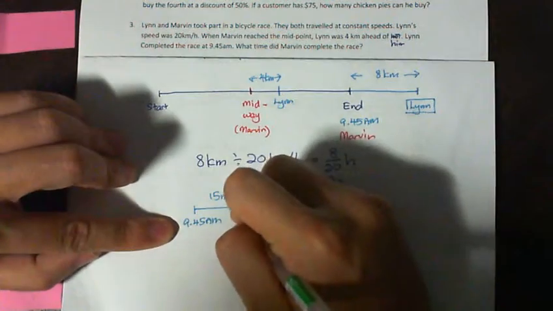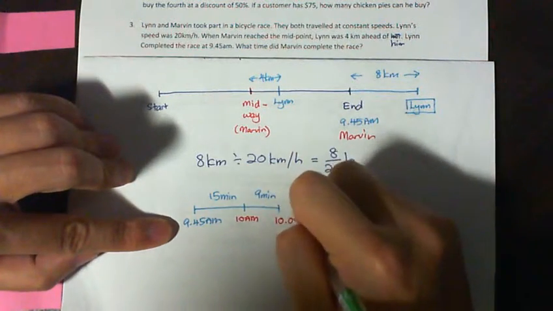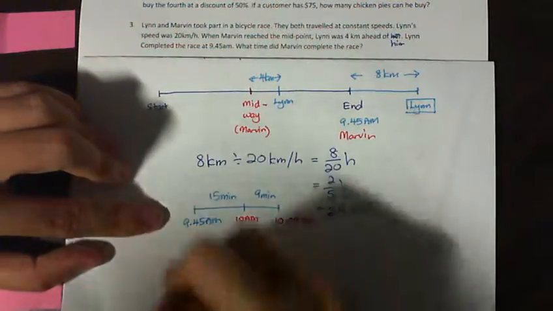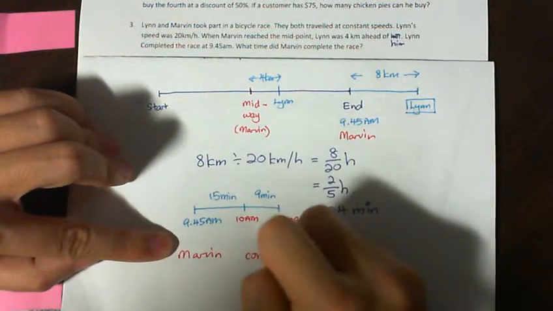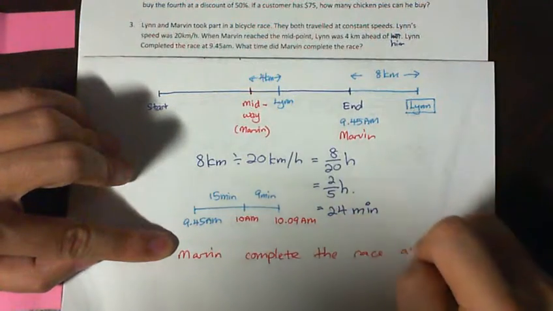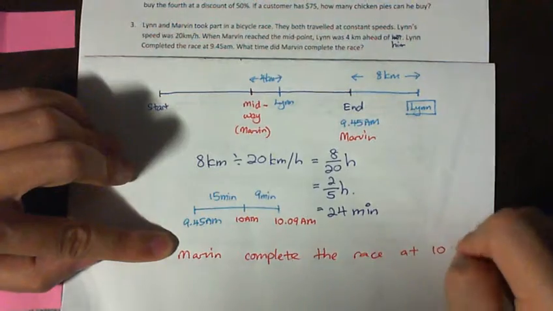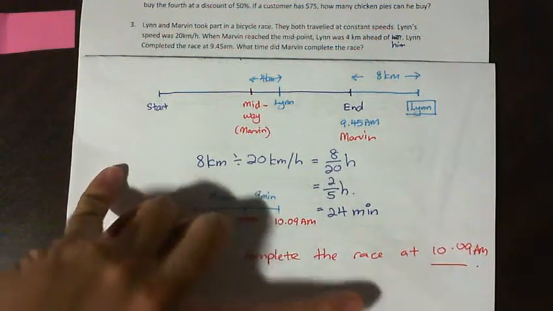In this case, this will be 10 a.m. and this will be 10:09 a.m. So what time did Marvin complete the race? Marvin completed the race at 10:09 a.m. That's it. Simply done.